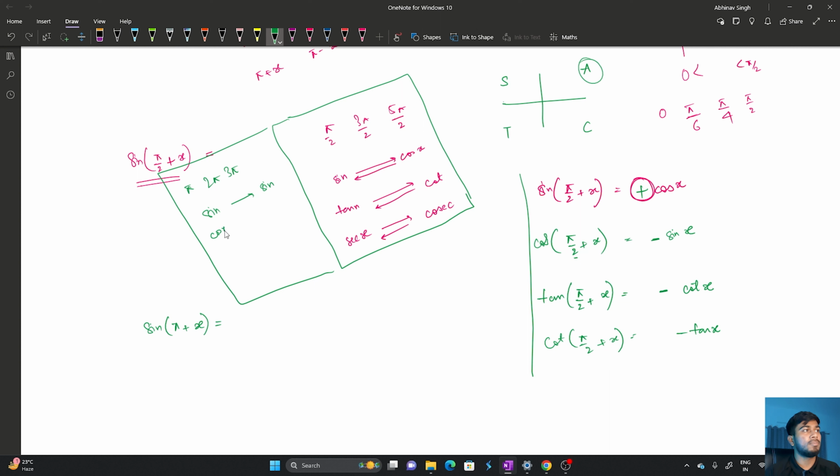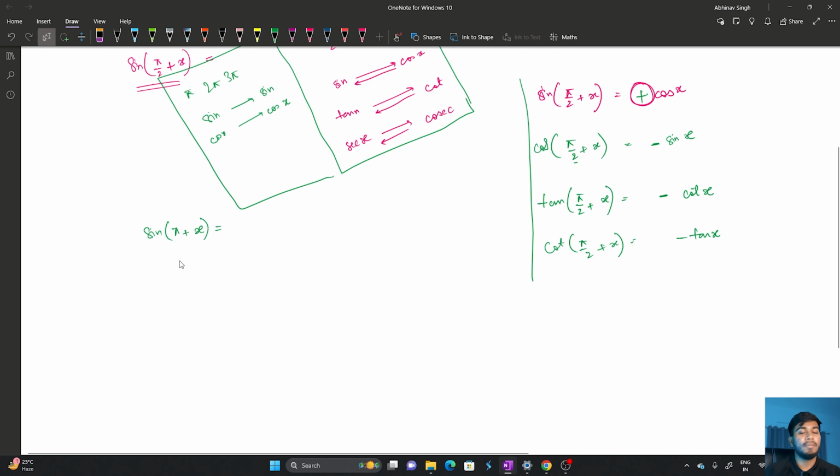If it is cos of pi plus x, it will be cos. Let's see with an example. So I have to find the value of sine pi plus x. I know it is pi, so I'll write here sine x. Now in order to guess the sign, sine pi plus x lies in the third quadrant, and in the third quadrant I know that sine is negative, so sine pi plus x will be minus sine x.